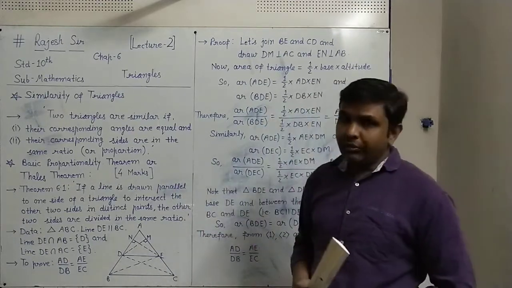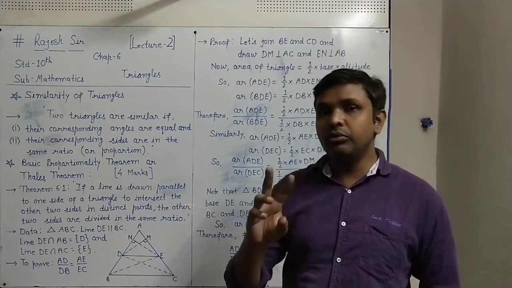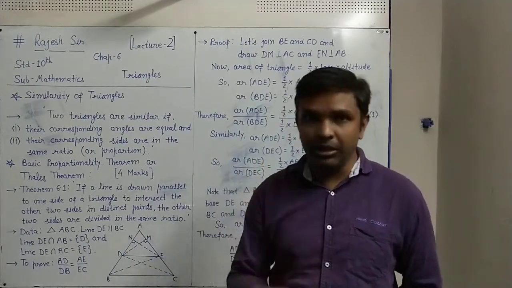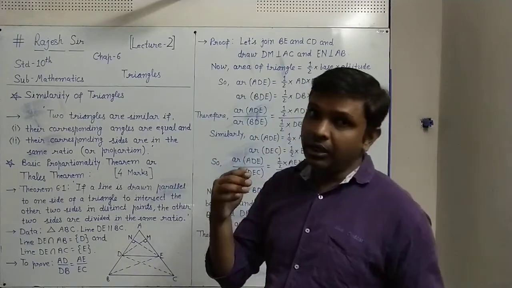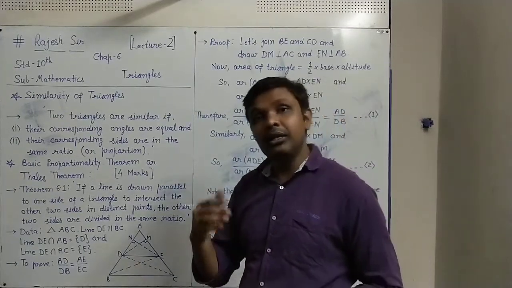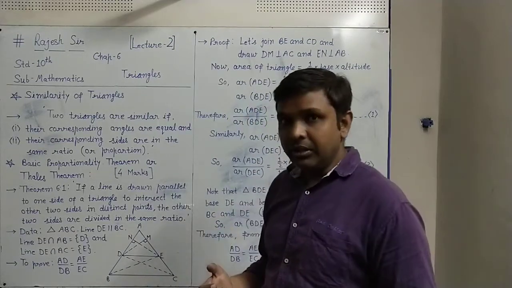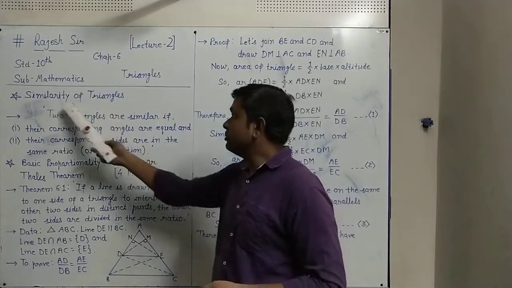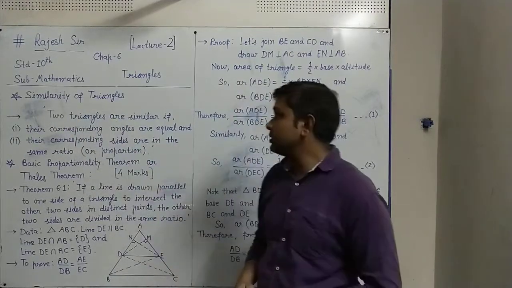As we know the definition of similar figures, there were two conditions for two polygons to be similar. The first was that corresponding angles are equal and the corresponding sides are in proportion. So we can take that here for triangles also.